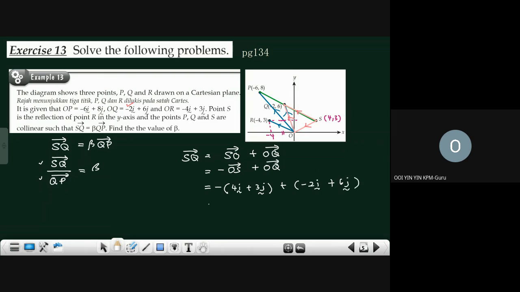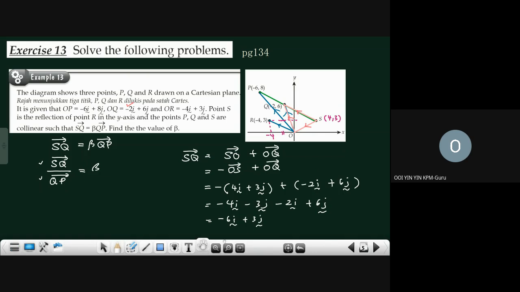Okay, same terms, group it together. Negative 4i, negative 2 becomes negative 6i, and then negative 3j plus 6j you get positive 3j. Okay, that will be your vector for SQ.